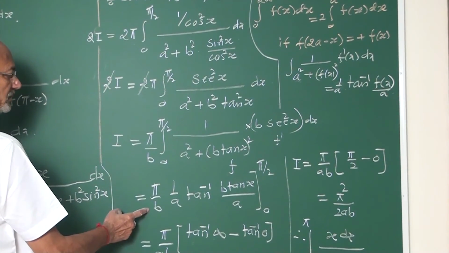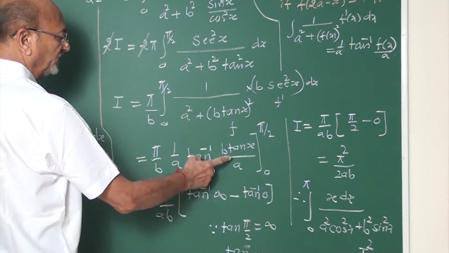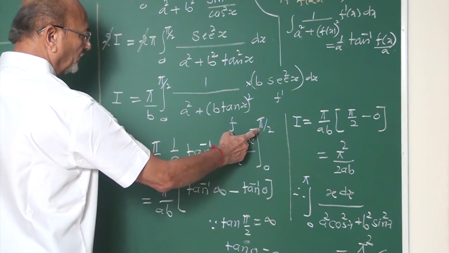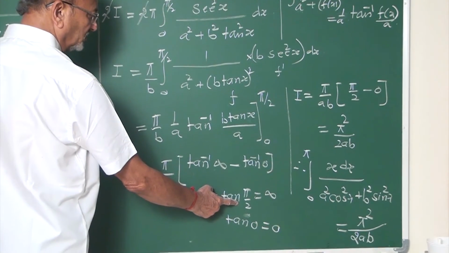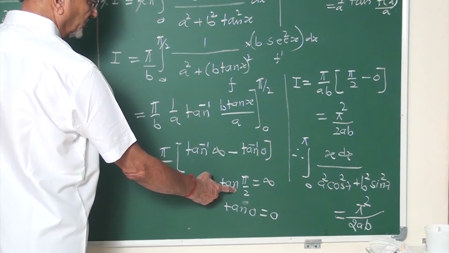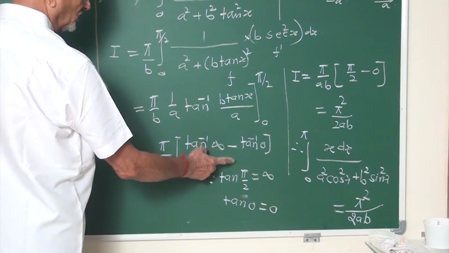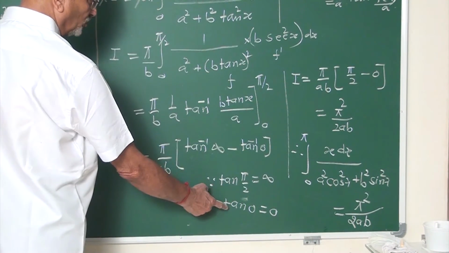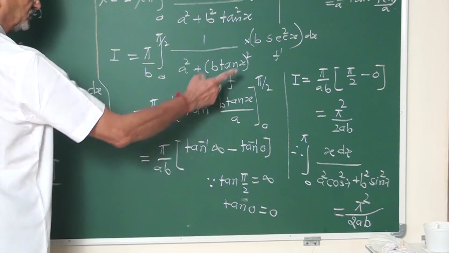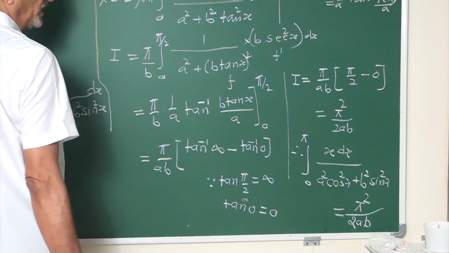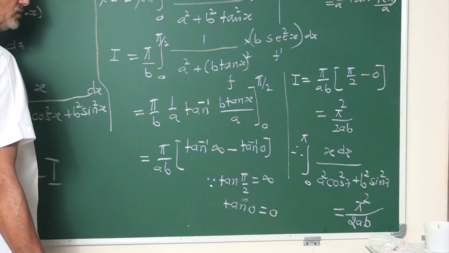This is pi by b, 1 by a tan inverse of b tan x upon a, lower to upper. Put x equal to upper, tan 90 is infinite, tan inverse infinite is pi by 2, minus, put x equal to 0, tan 0 is 0, tan inverse 0 is 0. Pi upon ab into pi upon 2 becomes pi square upon 2ab.